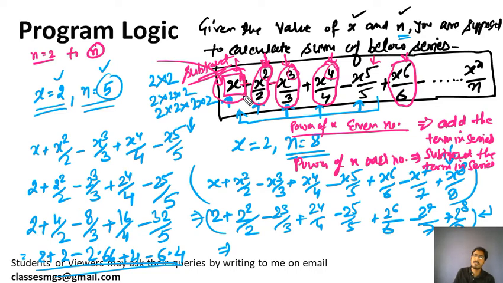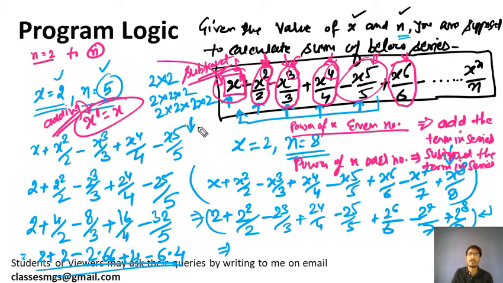For the n value of 1 only, in that case we are adding the term. x raised to power 1 is always x, and the power 1 is odd, yet in that case we are adding the term. This is the only term that we add if the power of x is odd. In other cases like x raised to power 3, x raised to power 5, x raised to power 7, we are subtracting it. So remember this.